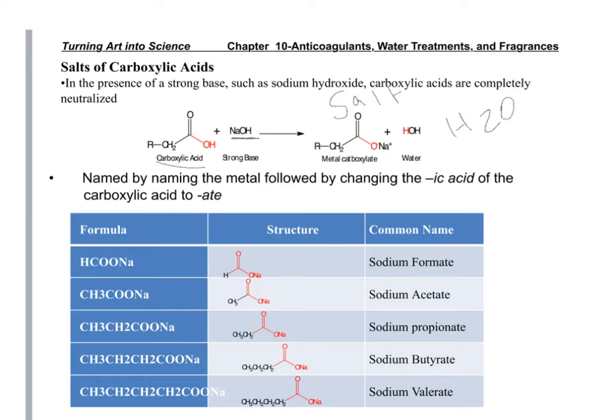In the chart below you have the naming of these same 5 acids after they've reacted with this base. They're all going to end in the suffix ate and have sodium as the first part of their name, and then you've got the root name that we saw before.